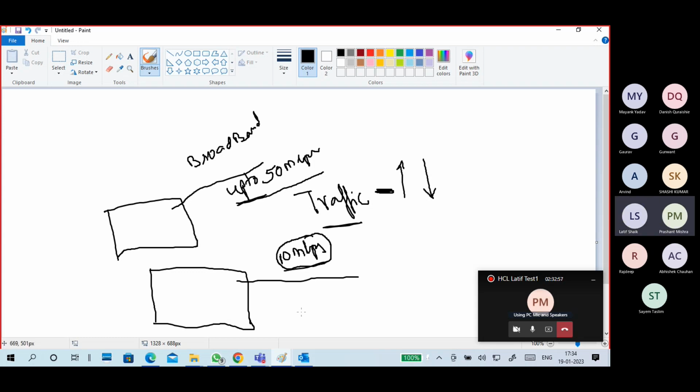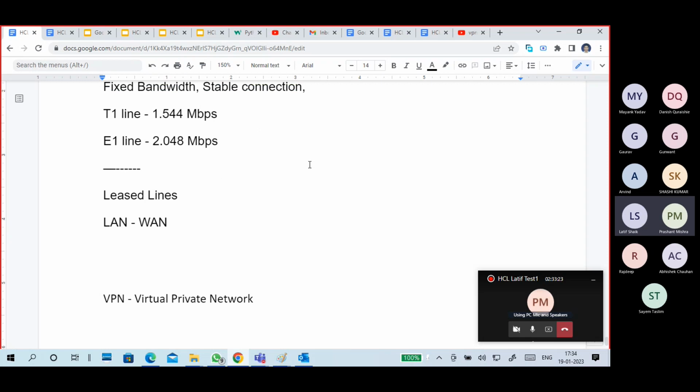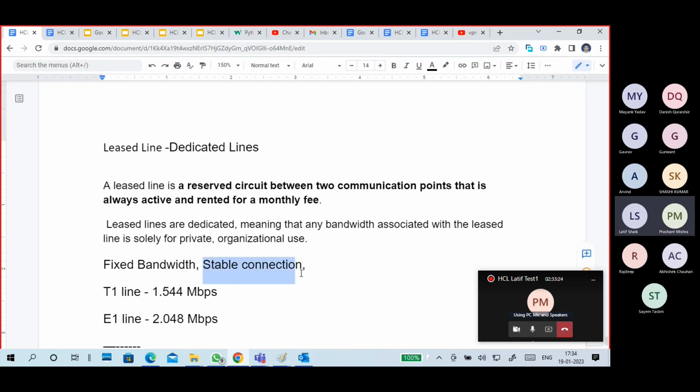That's why I said up-to and flat; even flat is also good. If you take 10 Mbps, you will surely get 10 Mbps. With up-to 50%, you might get 1 Mbps, 2 Mbps, or maybe 50 Mbps. But here you will always get 10 Mbps speed, irrespective of traffic or anything. So this is the first point in the leased line: a dedicated connection. That's why I said it is a stable connection.